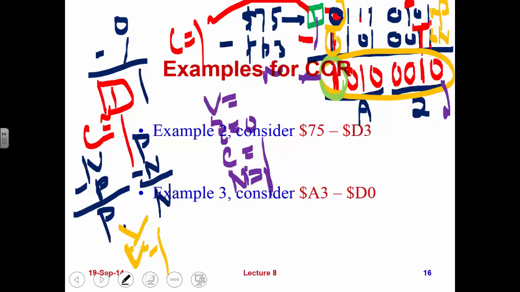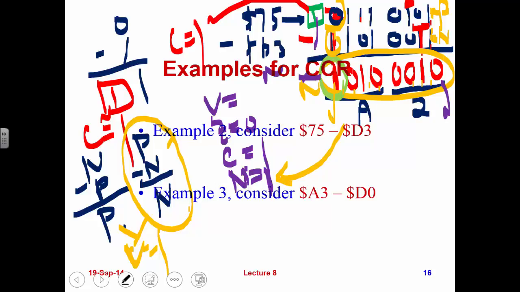Okay, let's check. We come to the second case. If the result is negative, that makes V 1. Let's see our result: it's 1, 0, 1, 0, 0, 0, 1, 0. That's a negative number, because the leftmost bit is 1.